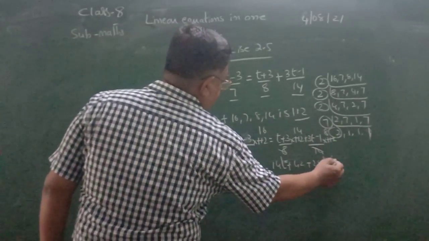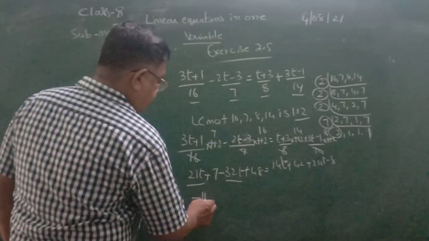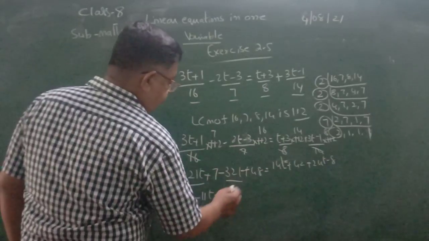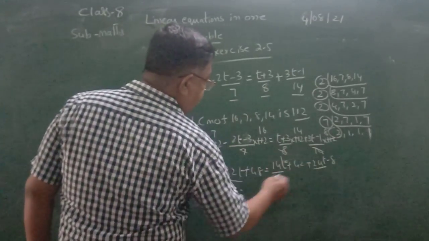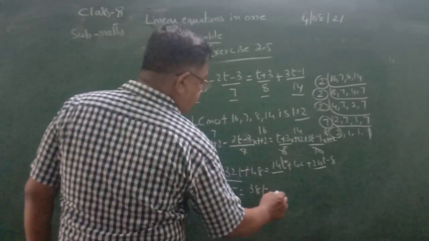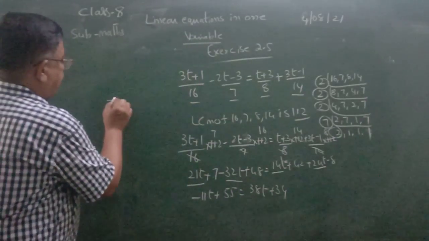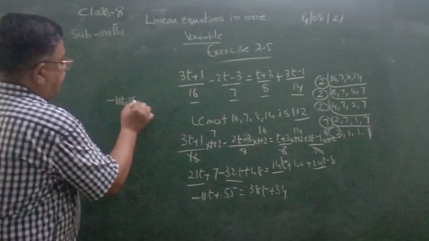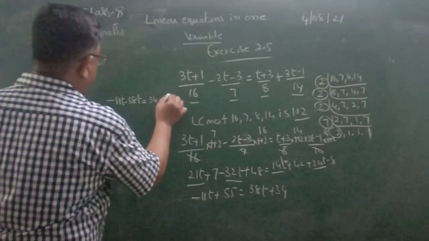24t minus 8. Add like terms: 21 minus 32 is minus 11t, 7 plus 48 is 55, 14t plus 24t is 38t, 42 minus 8 is 34. Now bring down t terms to one side: minus 11t minus 38t is equal to 34 minus 55.